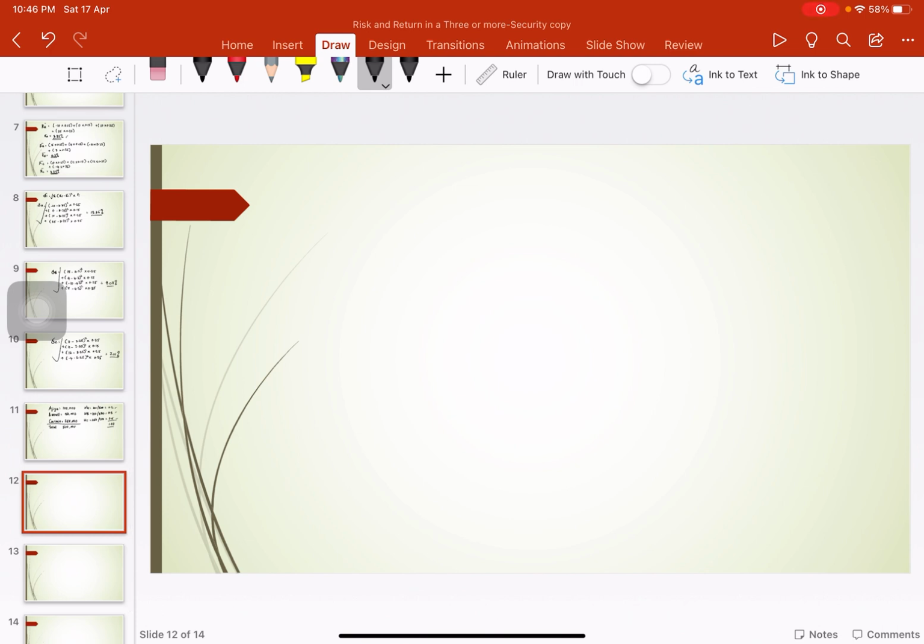So now we can calculate the expected return of the portfolio. So the expected return of the portfolio is equal to, so kita ikut weight yang kita kira just now. Alright, so 0.2 times expected return nombor 1, A tadi 8.75.